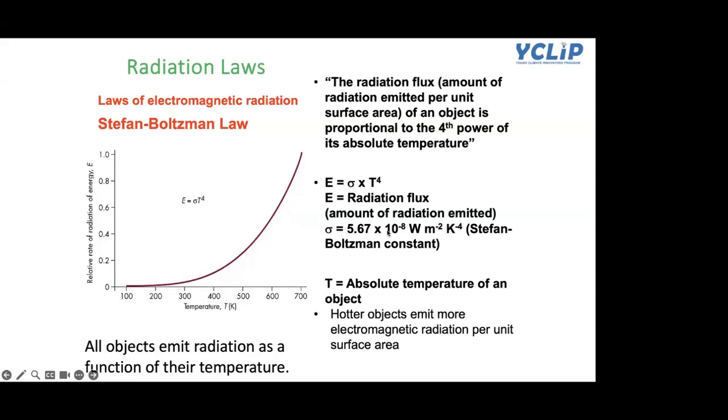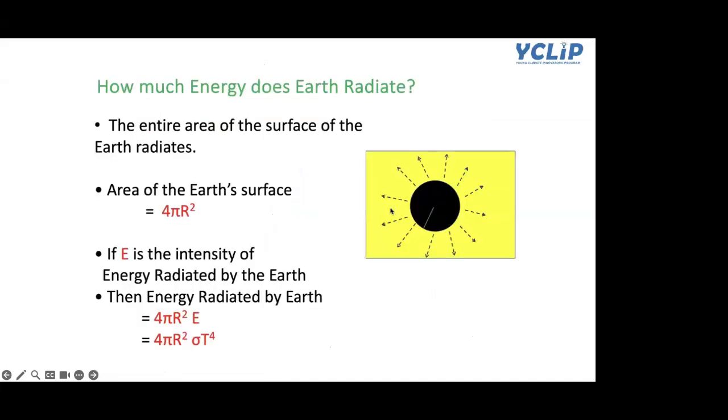So there's a value to it. That's the amount of radiation emitted. So the hotter object emits more radiation than the colder object, and this is per unit surface area. So we are going to use this equation, E equal to sigma times T to the power 4, in the next few slides.